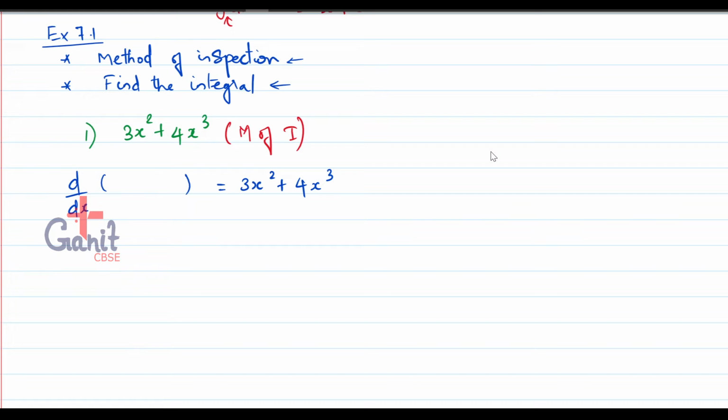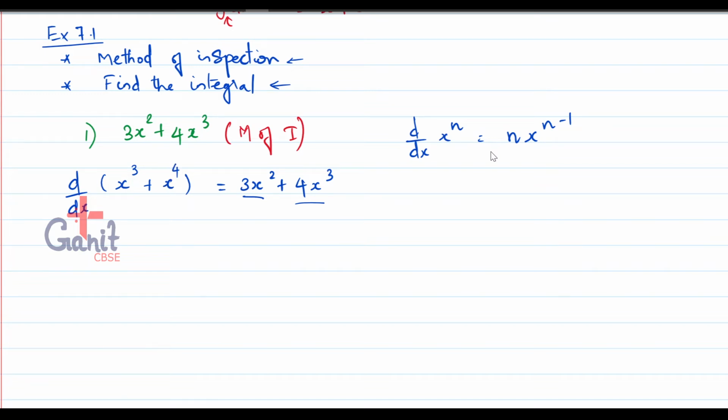We know that differentiation of x to the power n is n into x to the power n minus 1. So to get 3x square, I should have x cube. And to get 4x cube, I should have x to the power 4.